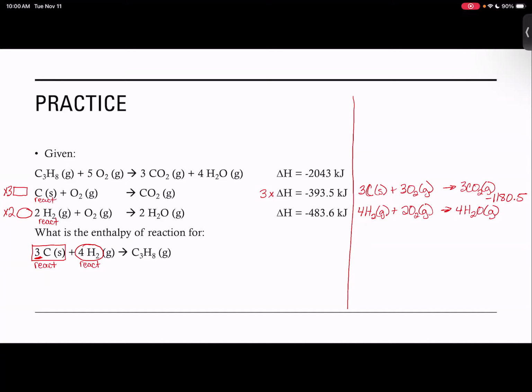And whatever you do to the reaction, you do to the enthalpy. So I need to multiply the enthalpy by 2, and you get a negative 967.2 kilojoules.